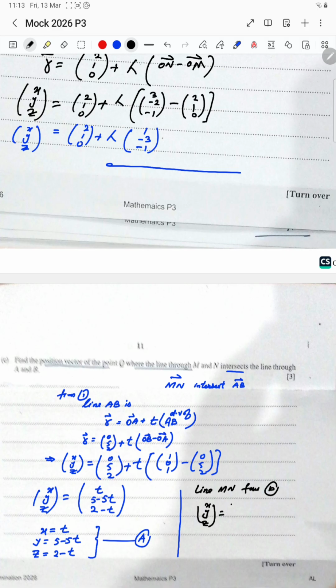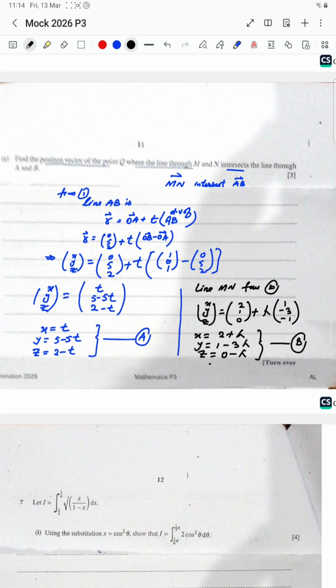First let me write, I got (2, 1, 0) plus lambda times (1, -3, -1). By comparing, x will be 2 plus lambda, y will be 1 minus 3 lambda, and z will be 0 minus lambda. Suppose this is set B. Now I need to solve these simultaneously to get the value of lambda or t, and when we replace this in A or B, we'll get x, y, z, the coordinates of Q.